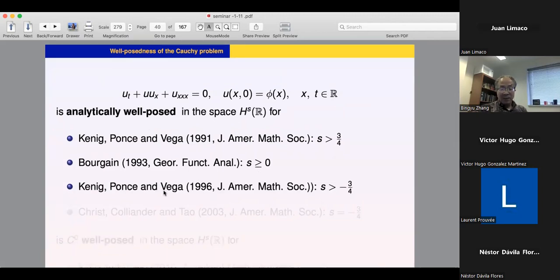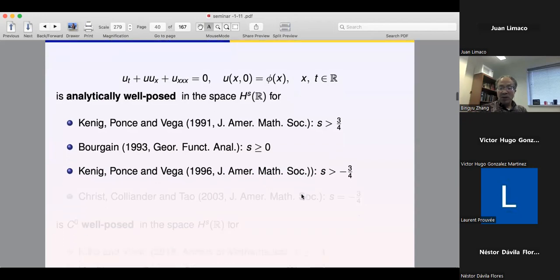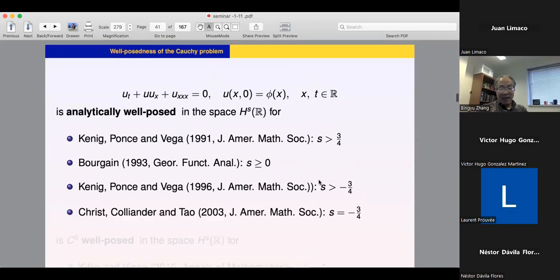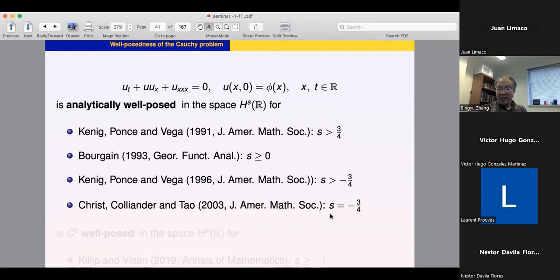Then Kenig, Ponce, and Vega showed it is analytically well-posed for s greater than -3/4. And then Christ, Colliander, and Tao showed it is analytically well-posed for s equal to -3/4. And we also know the problem is ill-posed, I mean analytically ill-posed, for any s less than -3/4.